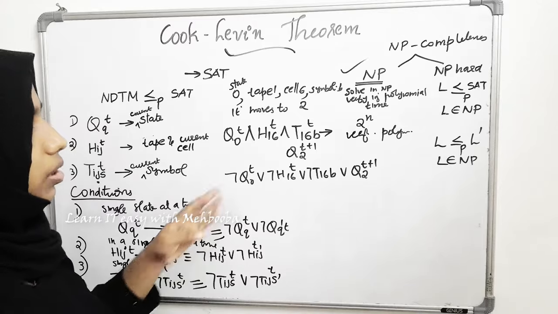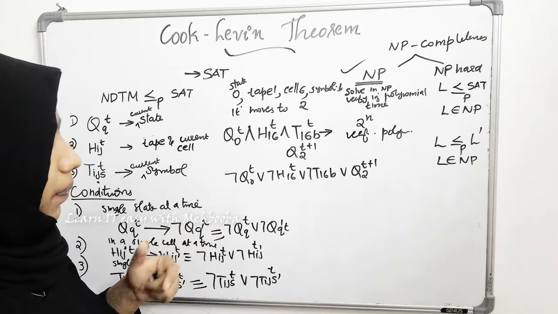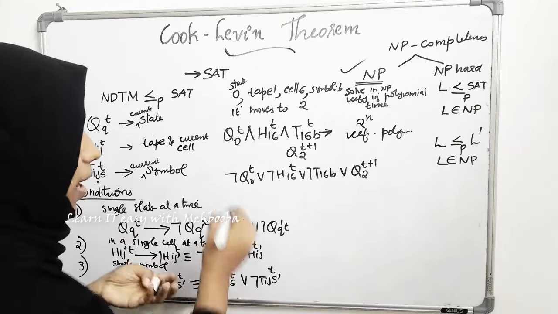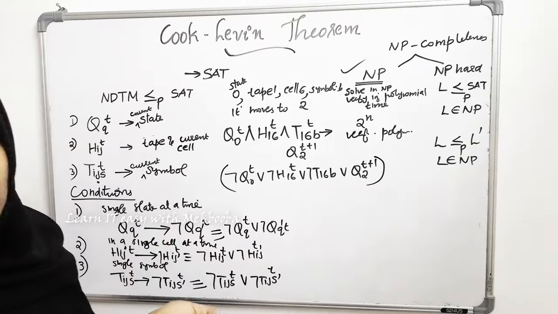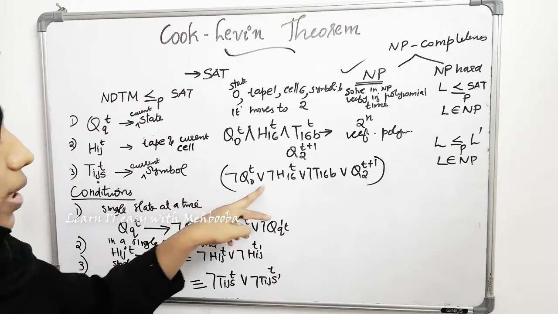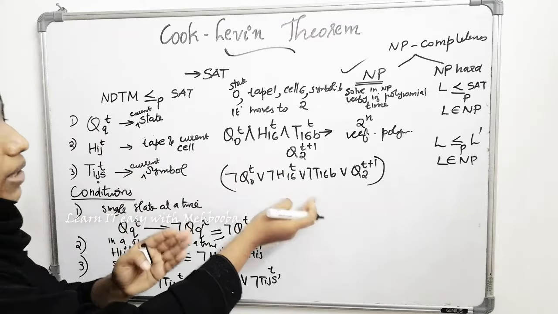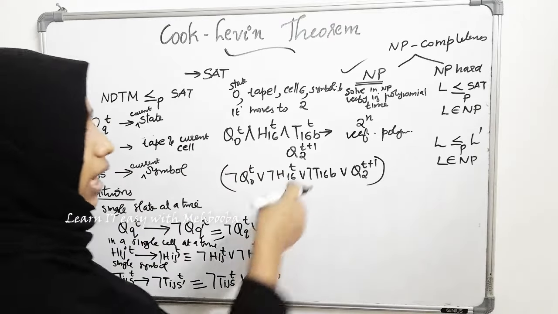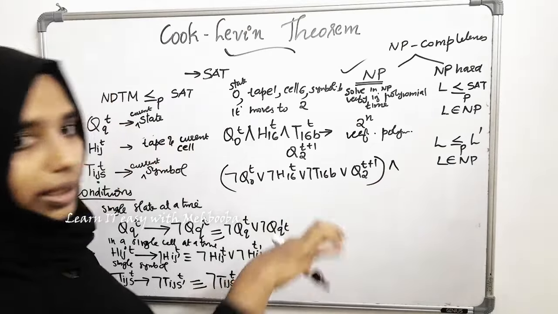So see, this is in the form of conjunctive normal form, that is, each clause is separated by and. So we have a single clause here, that is, the clauses of or in between are separated by and. So this is actually a SAT formula. So we could prove that a Turing machine can be represented. For example, the other transitions can be appended to this by putting an and and writing the next transition.